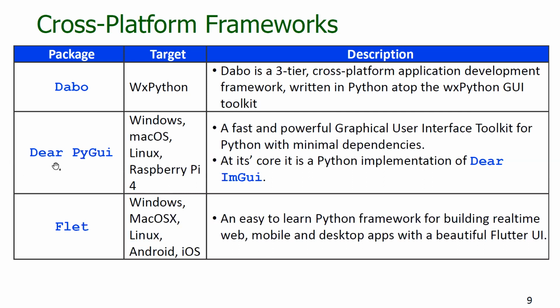The next one is DearPyGui, suitable for Windows, Mac OS, Linux, and Raspberry Pi 4 platforms. This is a fast and powerful graphical user interface toolkit for Python with minimal dependencies. At its core, it is a Python implementation of Dear ImGui.